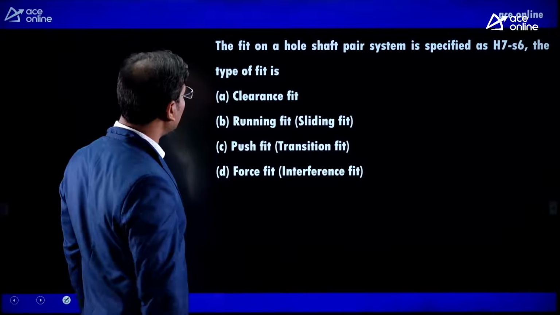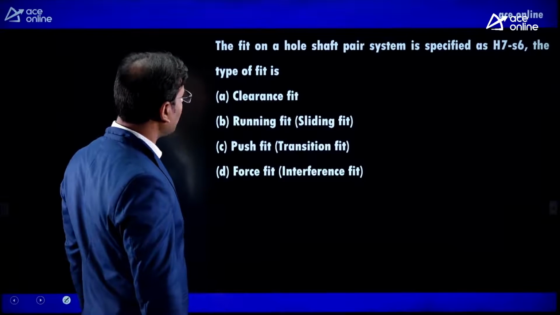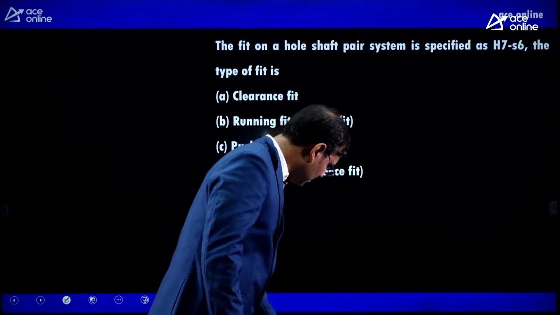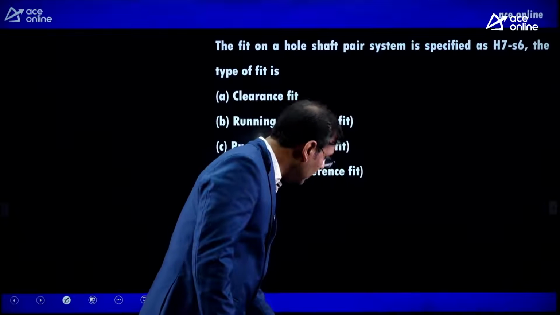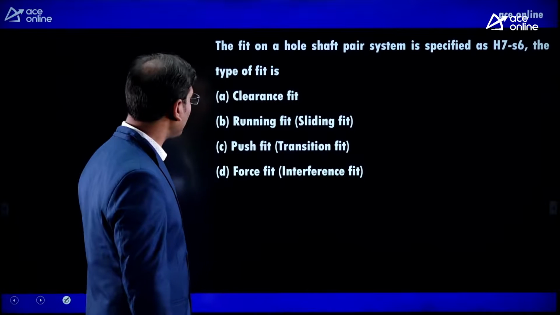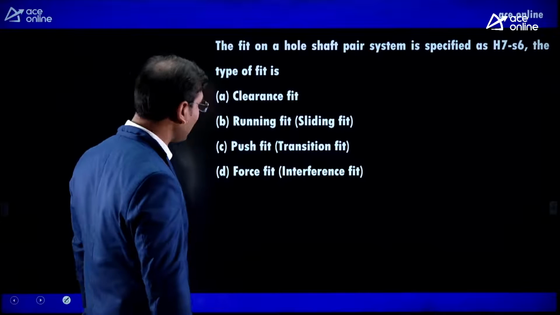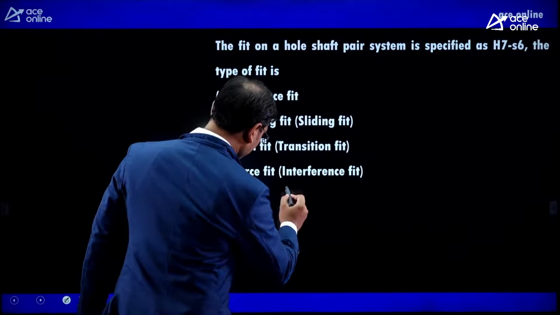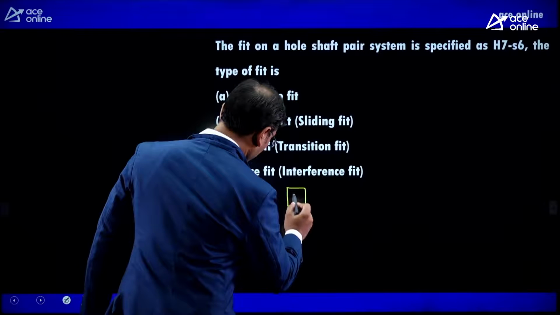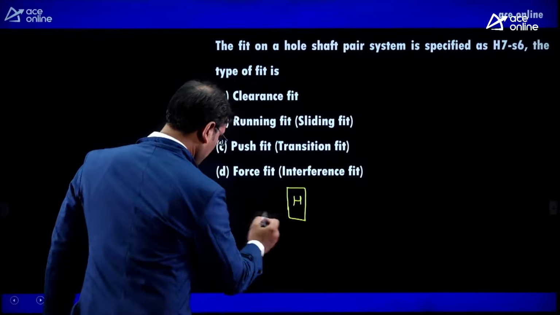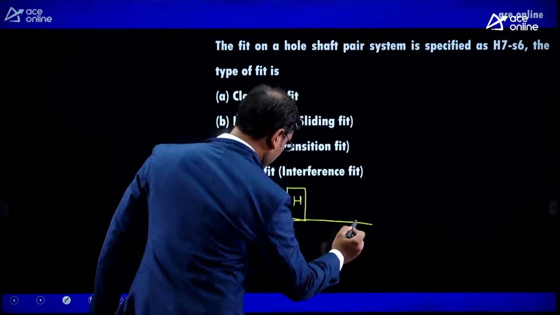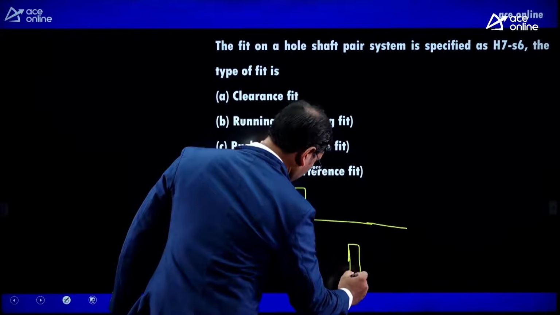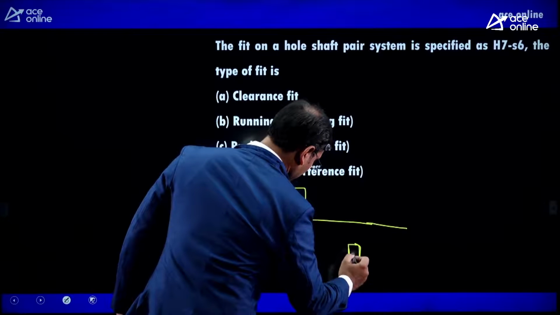Next, a fit in the hole-shaft pair system is specified as H7/s6. The type of fit is? Guys, how can we see H7 and s6? This is the H hole, this is one line here, and somewhere the s is here.